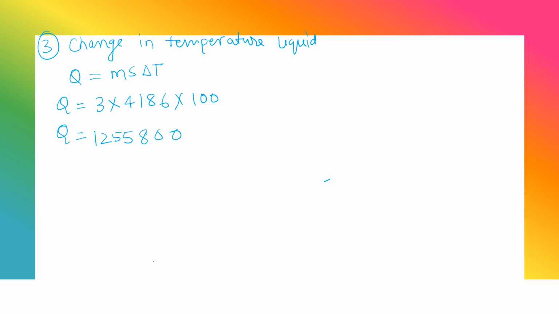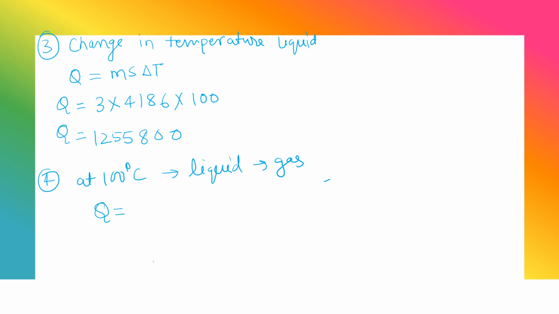Now the next stage is the latent heat of vaporization. Now the energy will require to convert the liquid to gas at constant temperature. So at 100 degrees Celsius, liquid is turning into gas, right? So because the temperature remains constant, we are going to use the concept of latent heat.